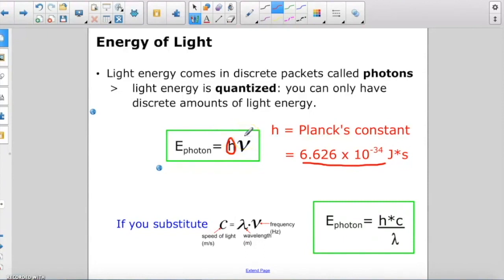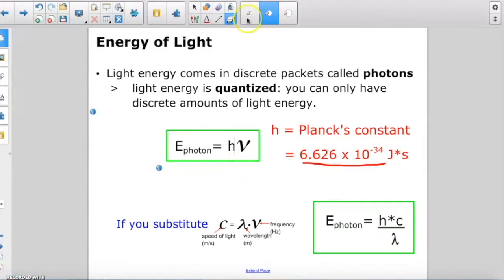And as you knew from previous slides and from the other tutorial, the frequency of light is the number of wavelengths that go through the same point per second, okay? So if I want to calculate the energy of a photon and I don't have the frequency, there's a way I can calculate that frequency.